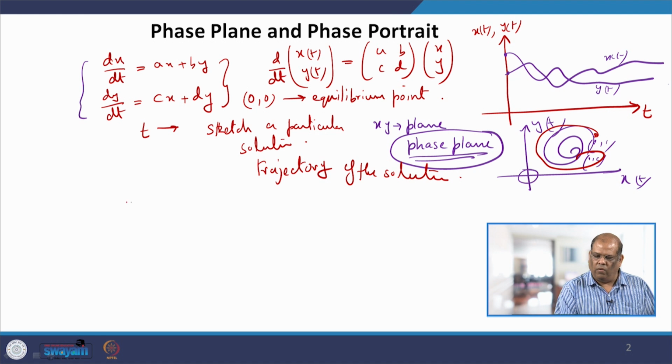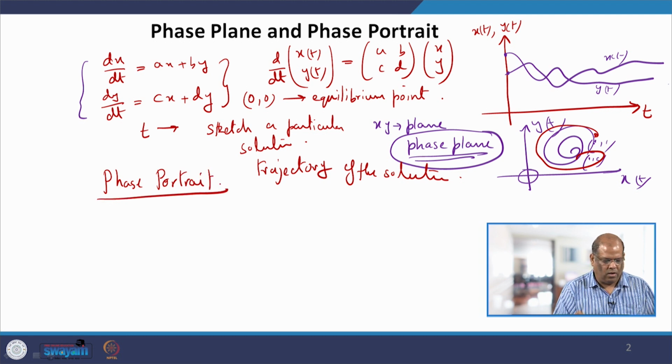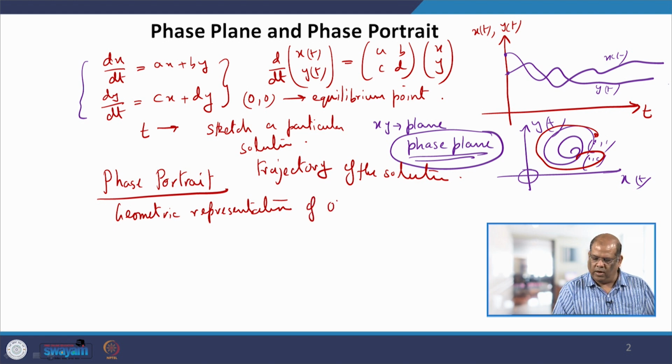Now, what is a phase portrait? This is just the geometric representation of orbits of a dynamical system in the phase plane.